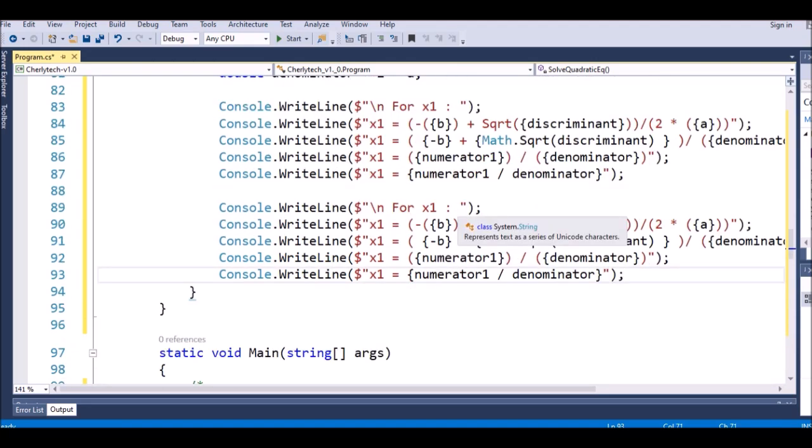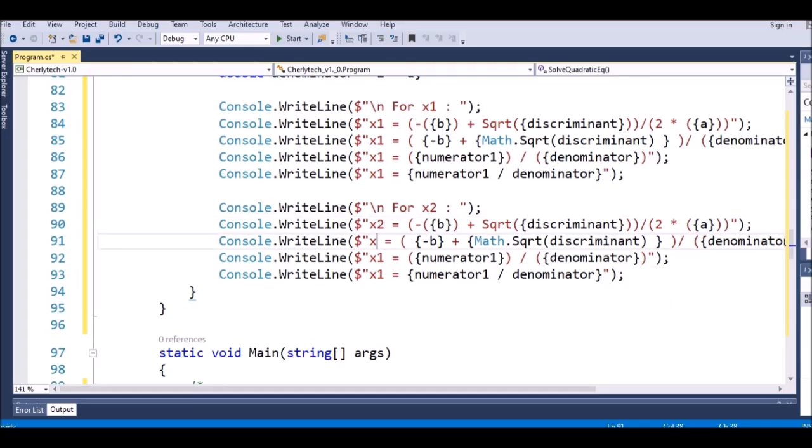So I change x1 to be x2 and this one 2, 2, 2, but we have to change this one to be minus.